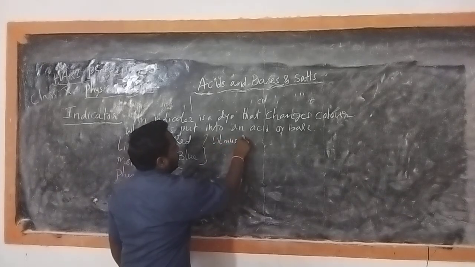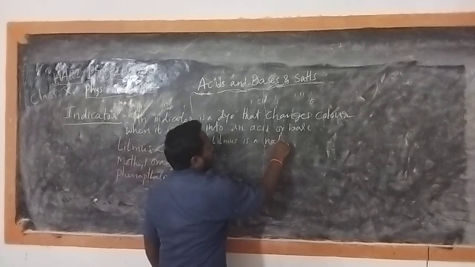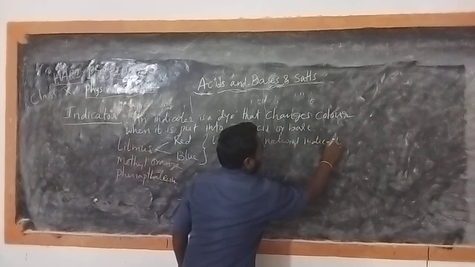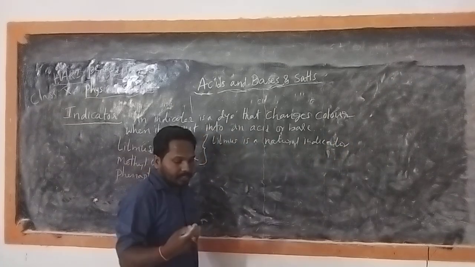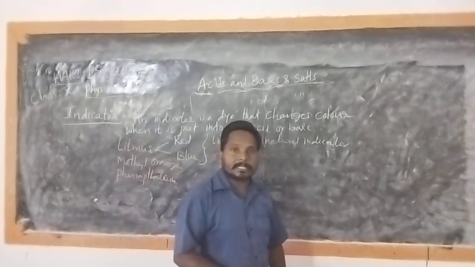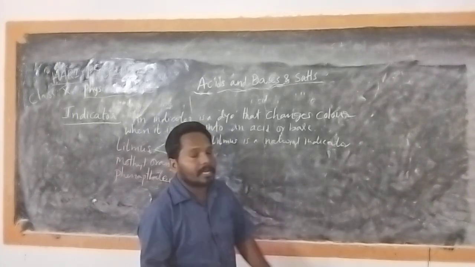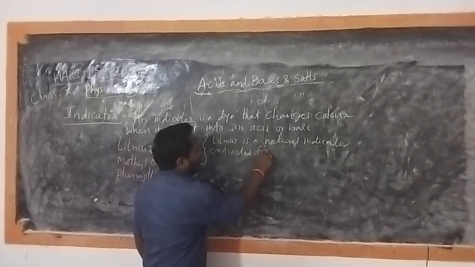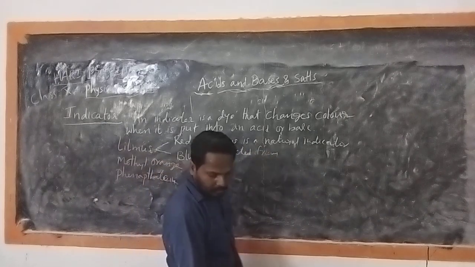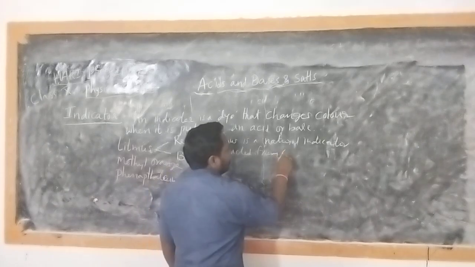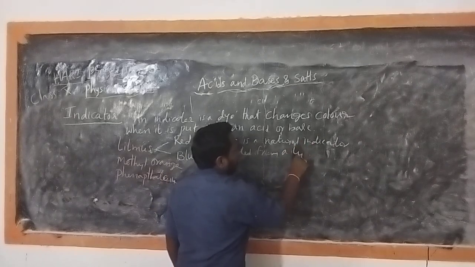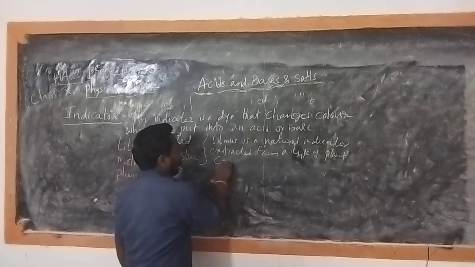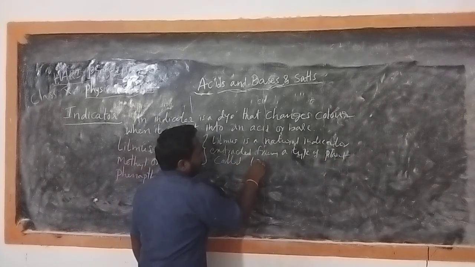Litmus is a natural indicator which is extracted or obtained from a type of plant called lichen.